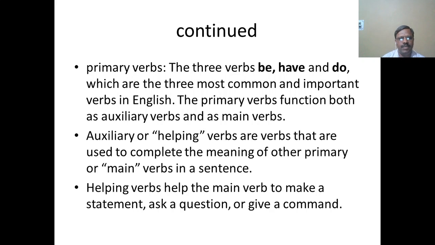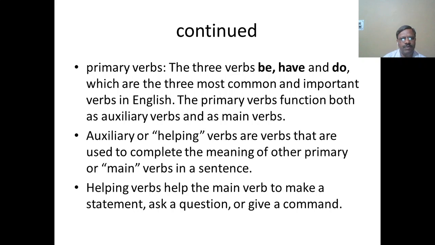The auxiliary verbs or the helping verbs are the verbs that are used to complete the meaning of other primary or main verbs in a sentence. That also we learnt in the last session. Primary auxiliaries are used along with the main verbs. They add some more meaning to the main verbs, and sometimes they are very useful in forming various tense forms like progressive forms or passive voice forms and other things.